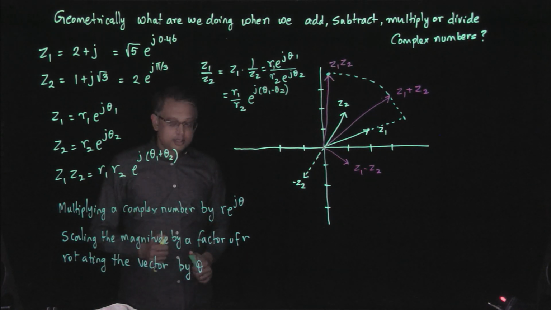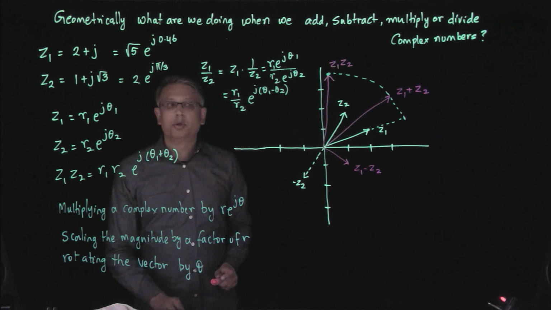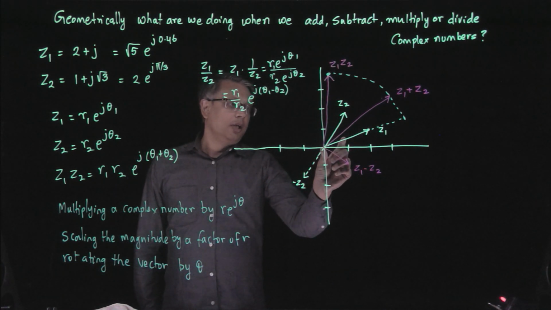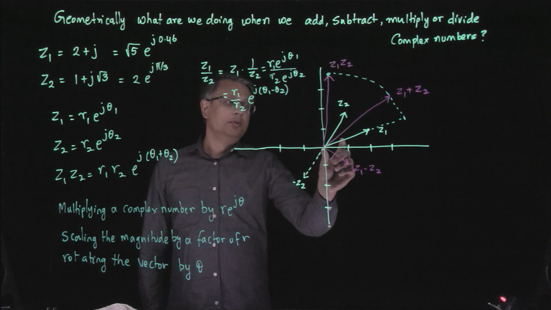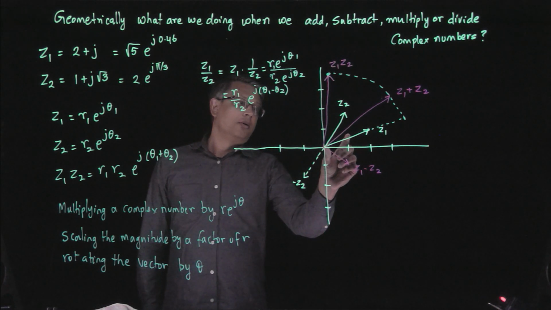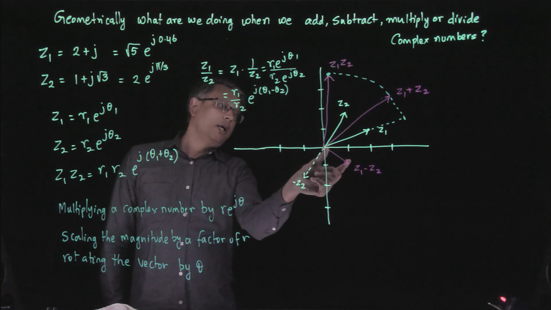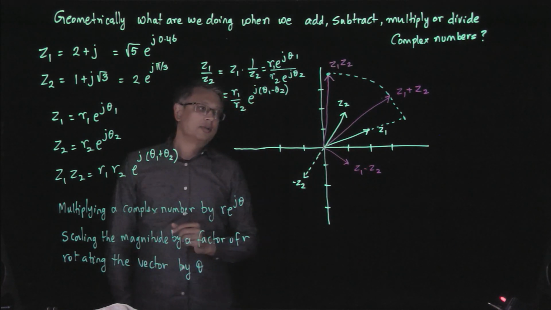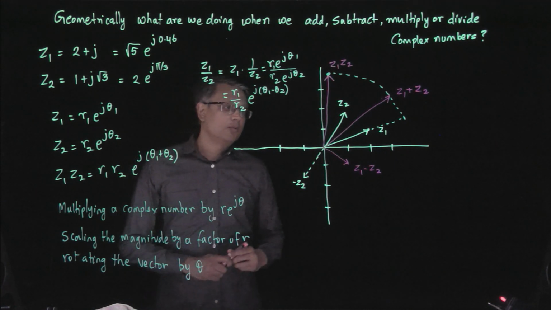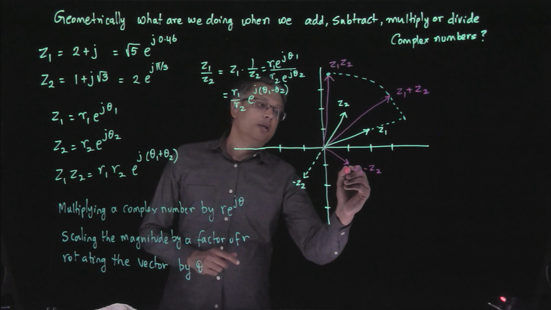So in this case, what would that correspond to? That would correspond to taking z1, shrinking the magnitude by a factor of 2, and rotating it clockwise by 60 degrees. Right, so that would put the vector somewhere here.